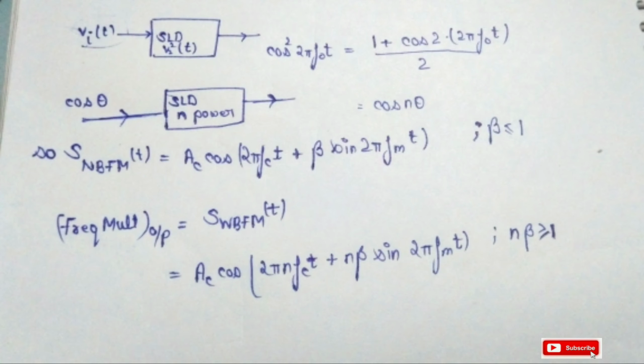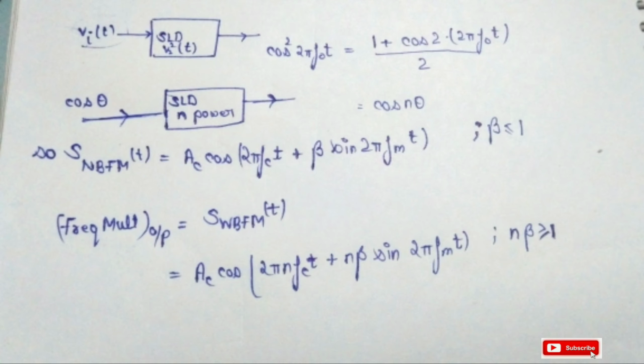Let us assume that the square law device provides the n-th power term. So if cos theta is the input, then the frequency multiplier output is cos n theta. We know that the input to the frequency multiplier is the narrowband frequency modulated signal, that is Ac cos(2 pi fc t plus beta sin 2 pi fm t). Because this is a narrowband frequency modulated signal, beta is less than or equal to 1.